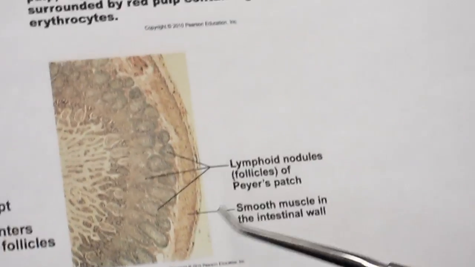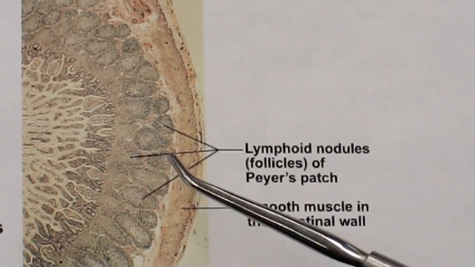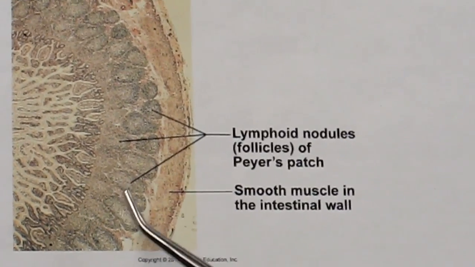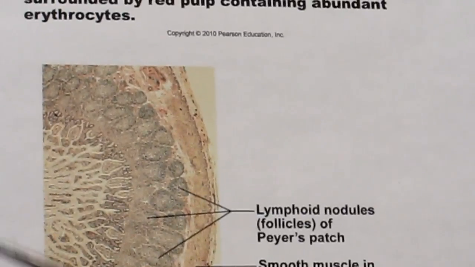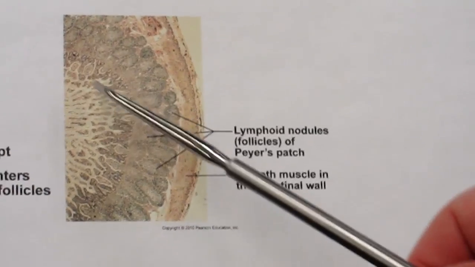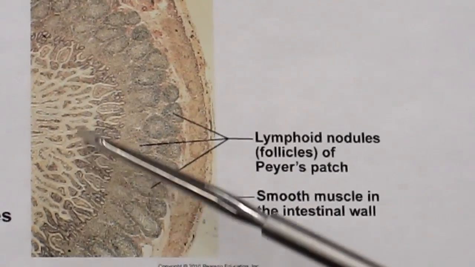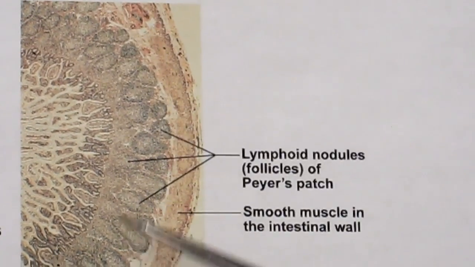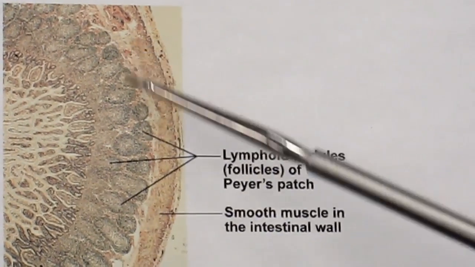Then we have Peyer's patches, and Peyer's patches are found in the wall of the small intestine. So we're kind of jumping ahead a little bit for morphology of the small intestine, but the small intestine is a digestive organ, so it's basically shaped like a hollow tube. In the center of the tube you're going to have the villi that have a finger-like structure, and then you'll have a layer of connective tissue where the Peyer's patches are found, and those are just a set of lymphoid nodules packed together into one spot.